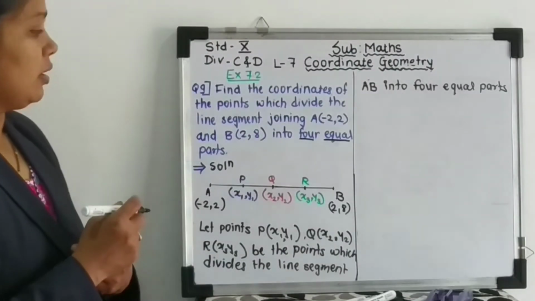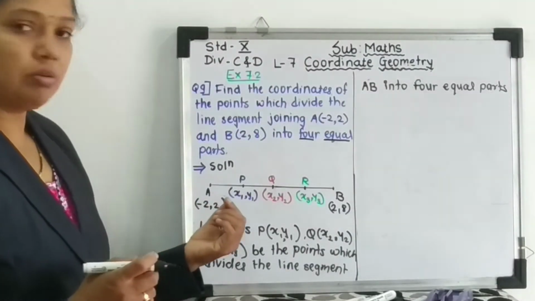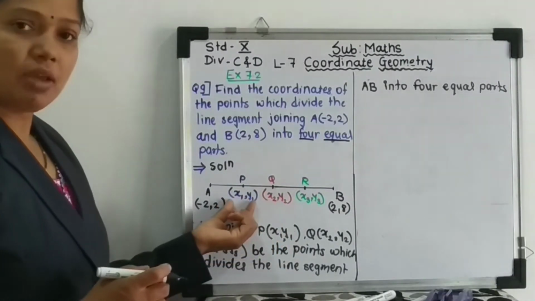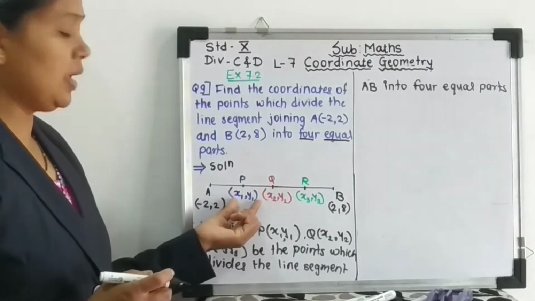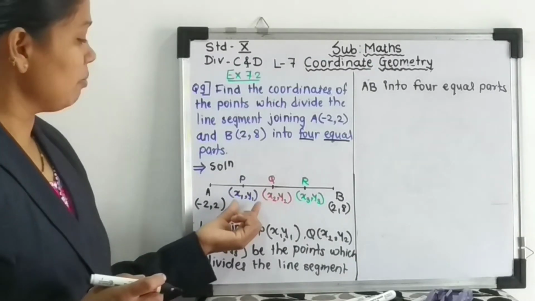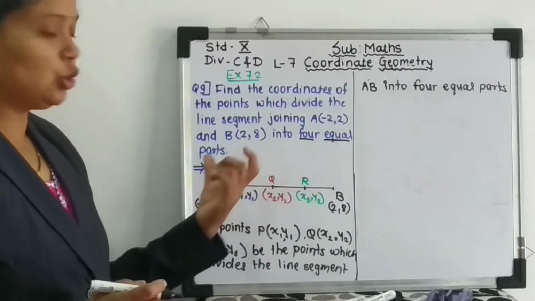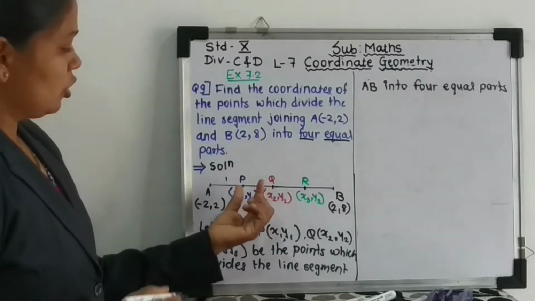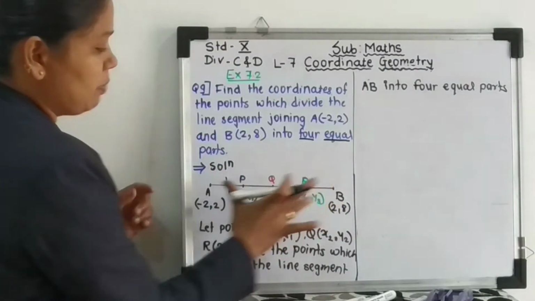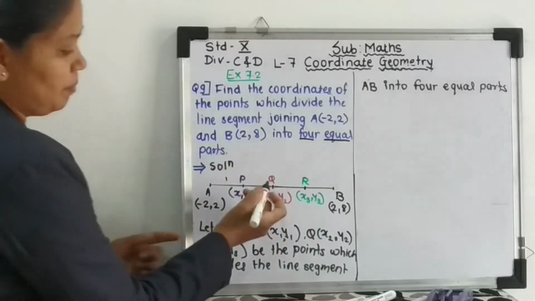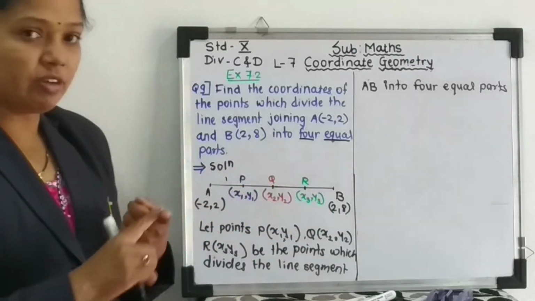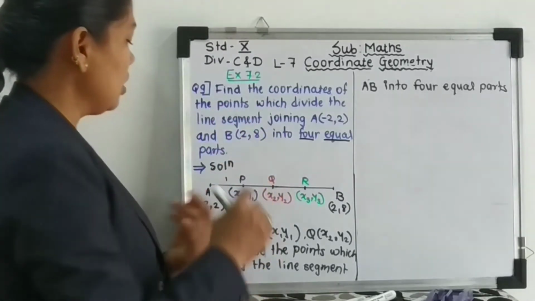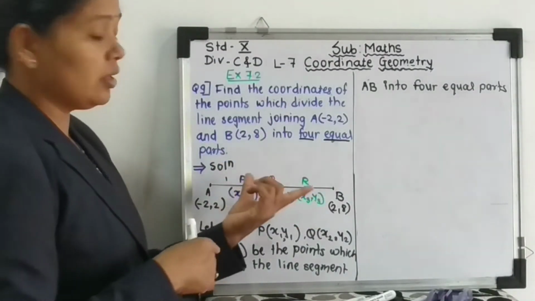While finding the P coordinates, our ratio will be what? AP is 1, and the whole PB will be 1, 1, 1. So 1 plus 1 plus 1 equals 3.